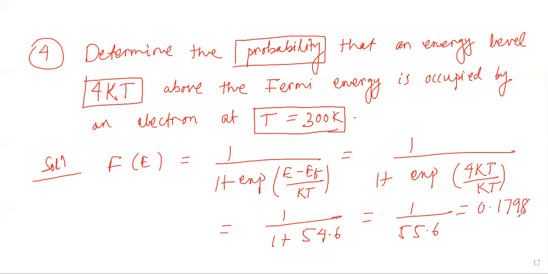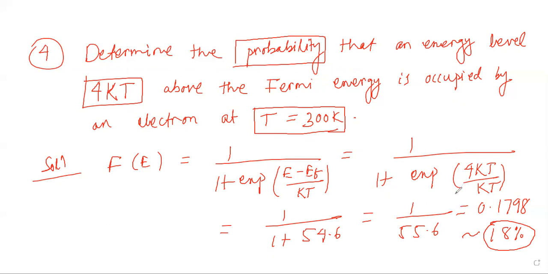If you multiply with 100 it gives you 17.98, so that gives you around 18% probability. So the probability that an energy level 4kt above the Fermi energy is occupied by an electron is 18%. So there is an 18% chance that an energy level 4kt above the Fermi energy level is occupied by an electron.